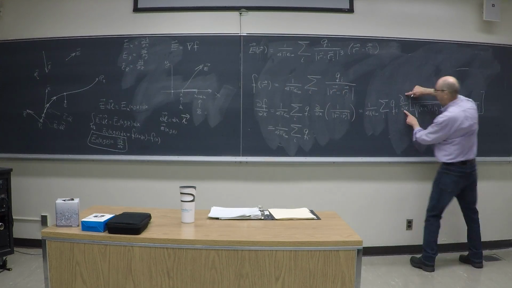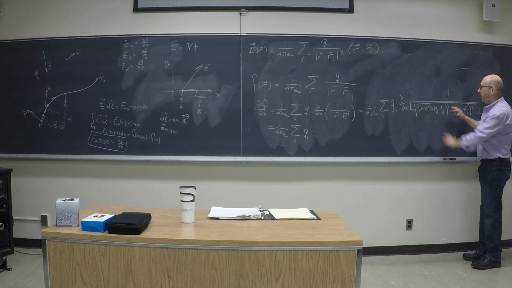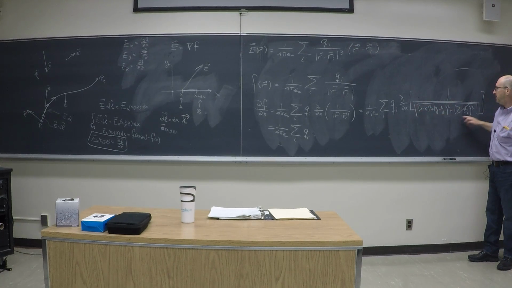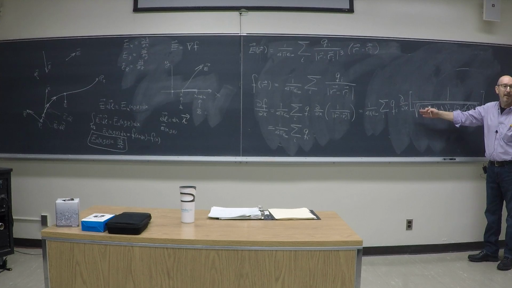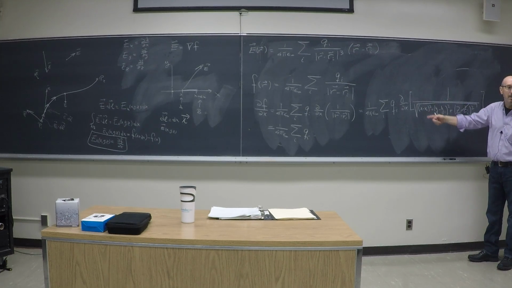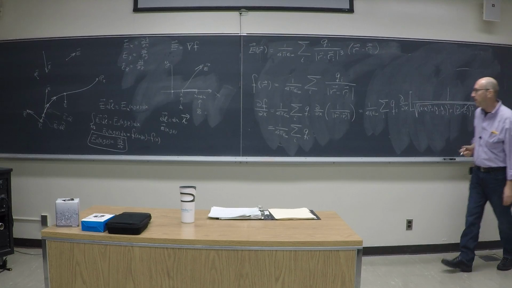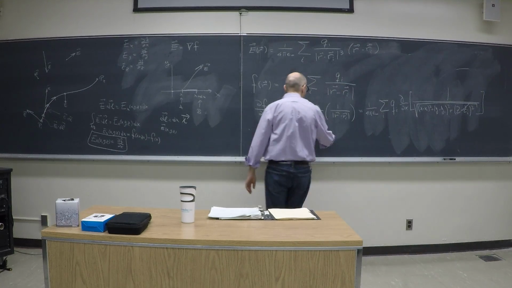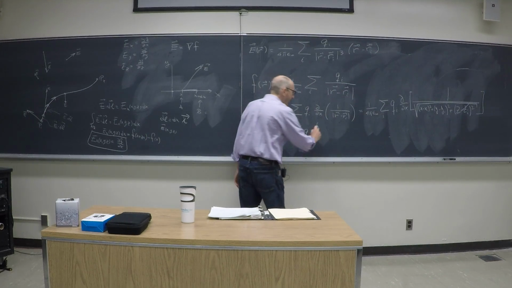So the derivative with respect to x of this, we can actually see that this square root is equivalent to a big thing to the minus 1/2. And so we take the minus 1/2, and this thing becomes minus 3/2. Okay, so let's do it in pieces. The first thing that we get is a minus 1/2.